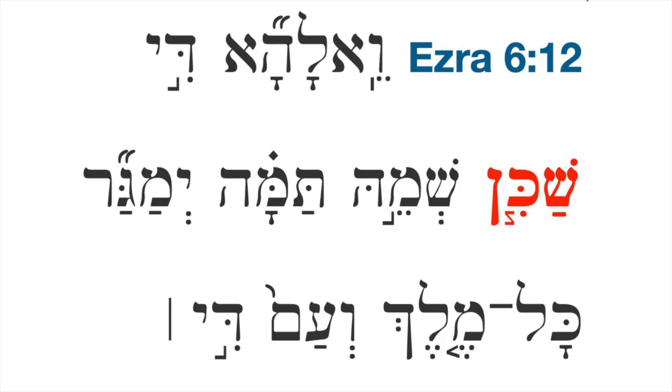This is a D stem verb. And since there are no prefixes or suffixes, it is a D stem third masculine singular, suffix conjugation verb. That form is shakin, which means, in this case, to cause to dwell.